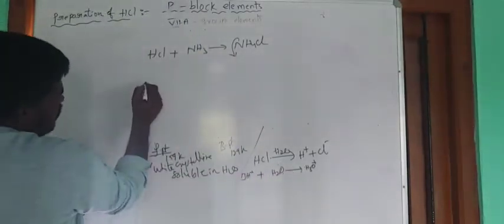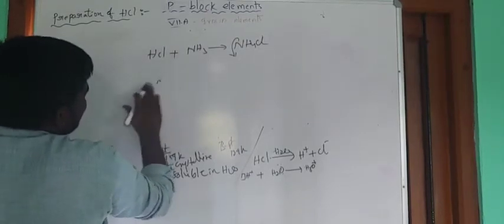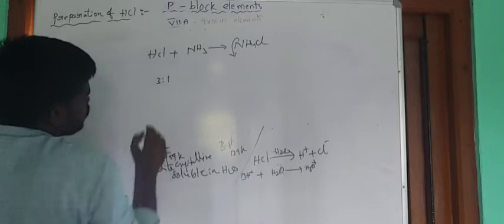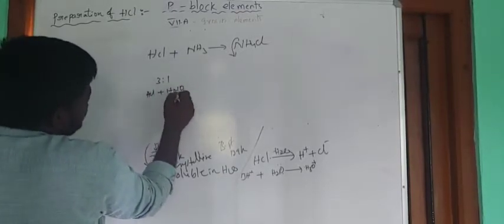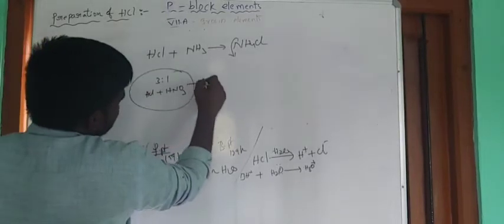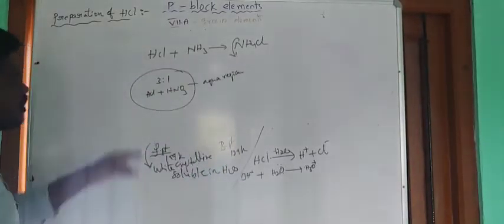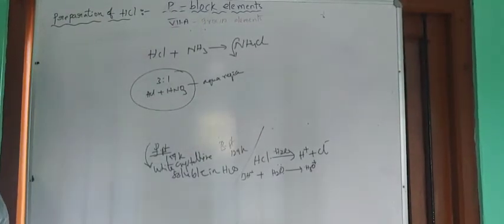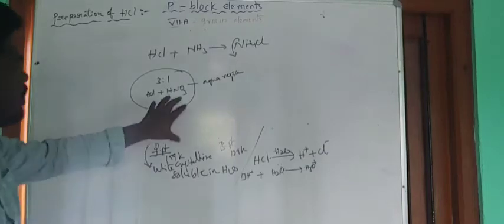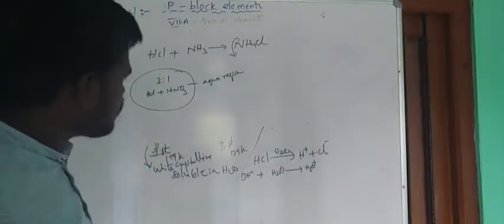And the next one, a 3:1 ratio of HCl and HNO3 mixture is known as aqua regia. In this mixture, 3 parts HCl and 1 part HNO3 are present.